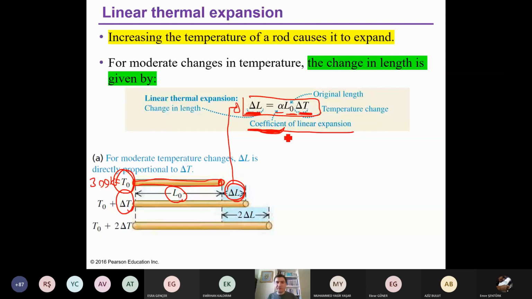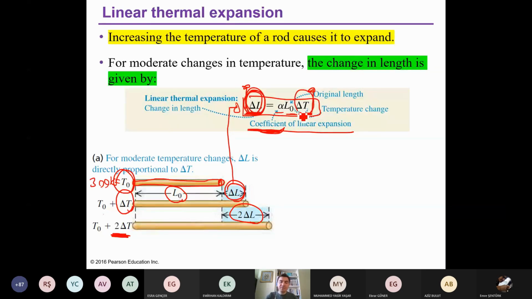So if you increase the temperature, then the length will increase. Vice versa, if you decrease the temperature, then the length will decrease. So if you increase the temperature by 2 delta T, then the length will increase by 2 delta L, because this delta L on the left side of the equation is directly proportional to delta T.